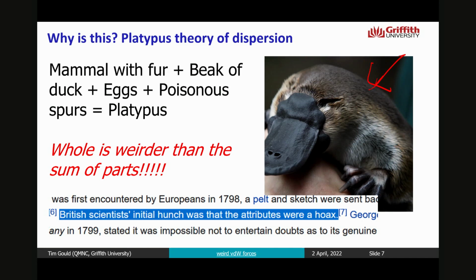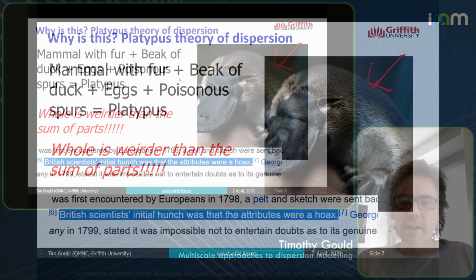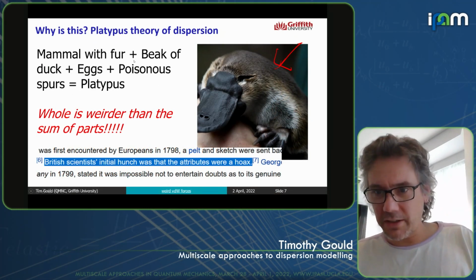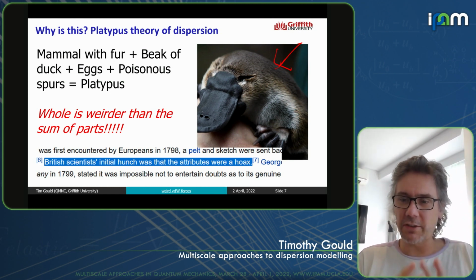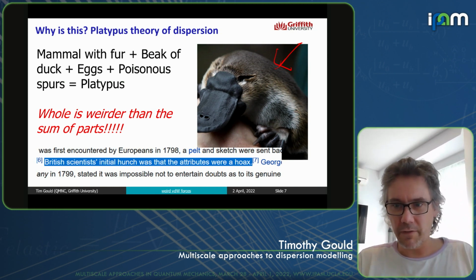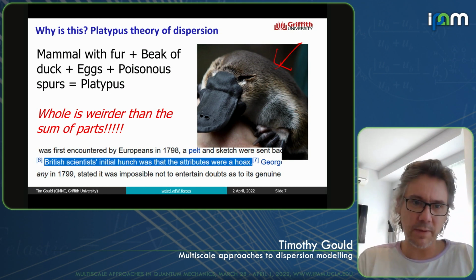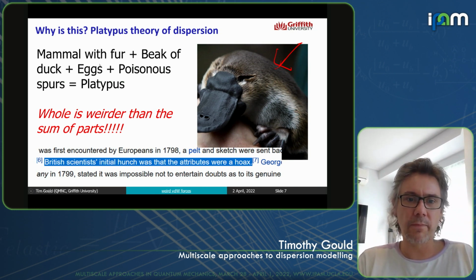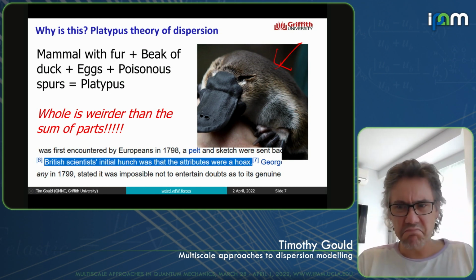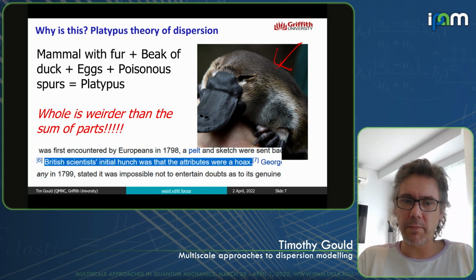I can never remember the difference, but it's unique, as far as I know, amongst mammals for the ability to produce poison or venom. So a platypus is just plain strange, but it's not strange because of any two effects in there. It's not even necessarily strange because of three. I mean, a mammal with fur and eggs, weird, but there used to be heaps of them before they got driven extinct by placental mammals.